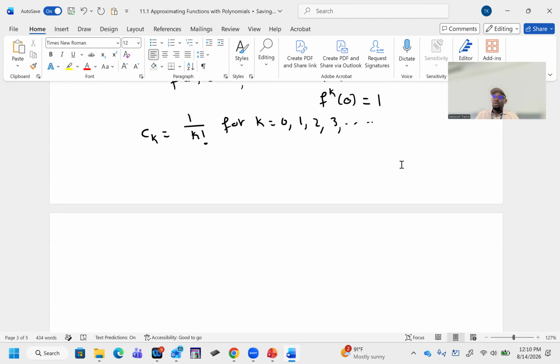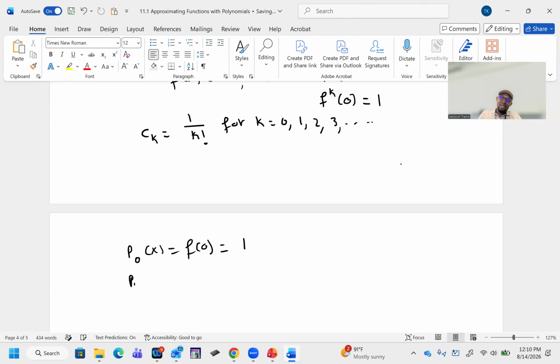Okay, sorry for this. So we can see P sub 0 of x will be f of 0, right? That's when n is 0, which is 1.